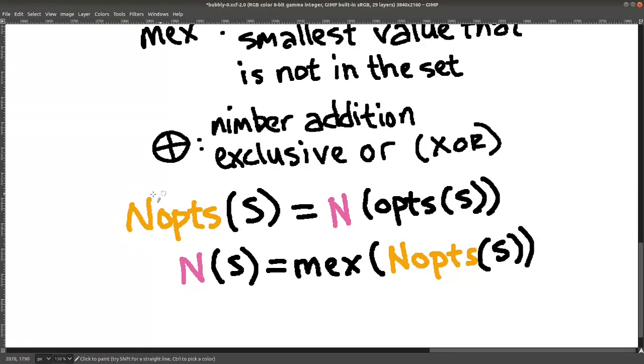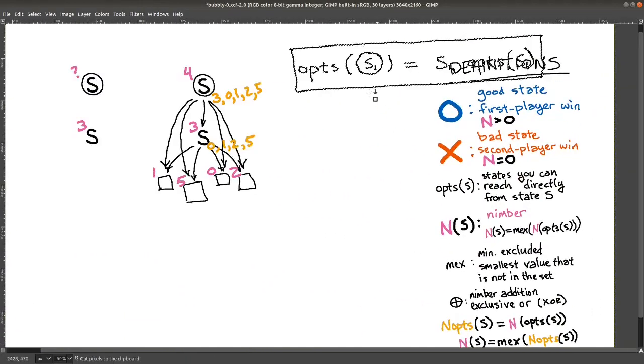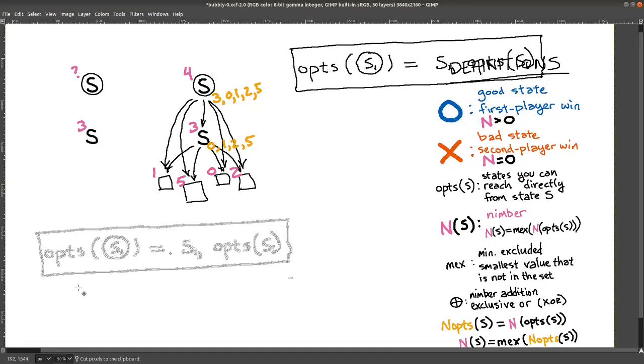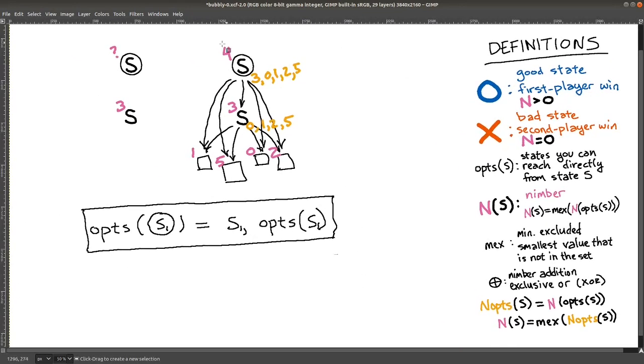Okay. The orange numbers are the pink numbers of the options, and the pink number of a state is the smallest value not included in the orange numbers for that state. All right. So we can write this rule just by taking n of both sides here.